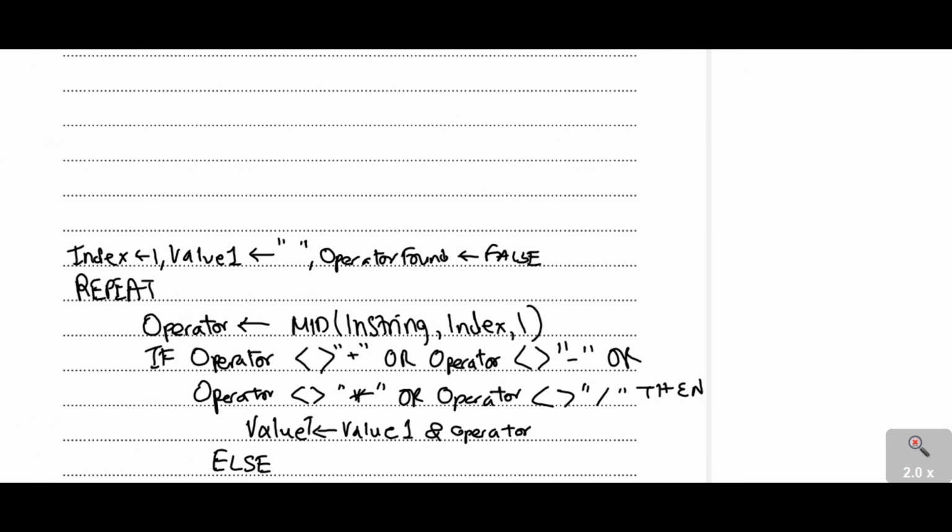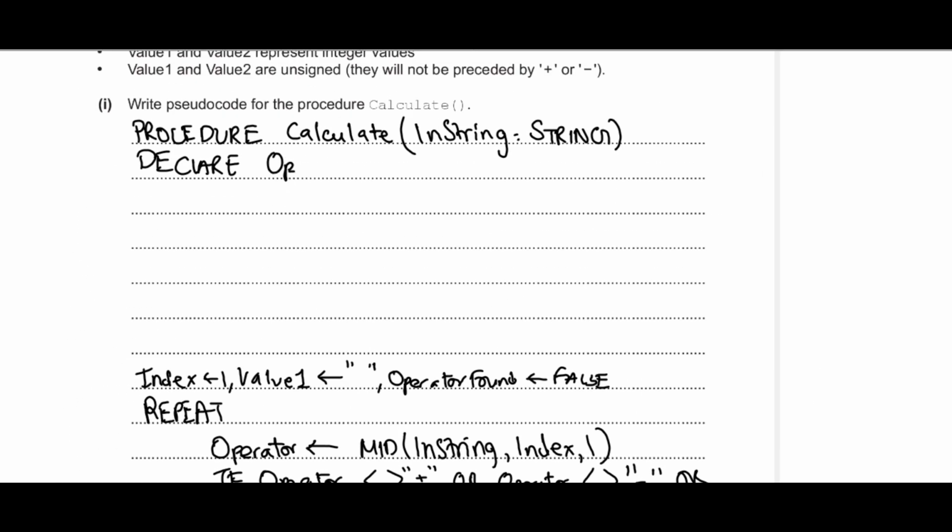And after all that hassle and all that hard work, we are finally going to go ahead and declare all our variables. Declare operator. Operator is going to be just a character, so we don't need to use it as a string. Then I want to declare index. I used capitalize, sorry.